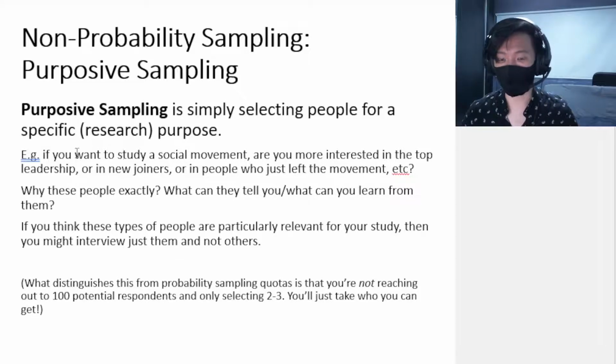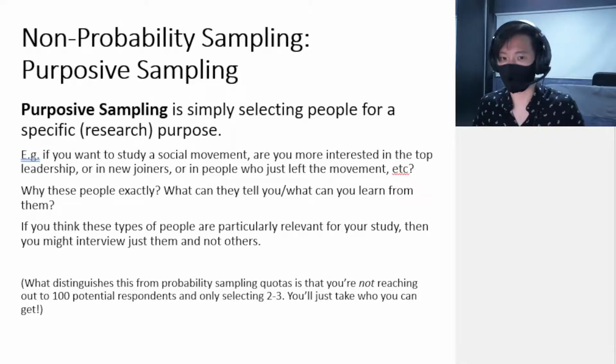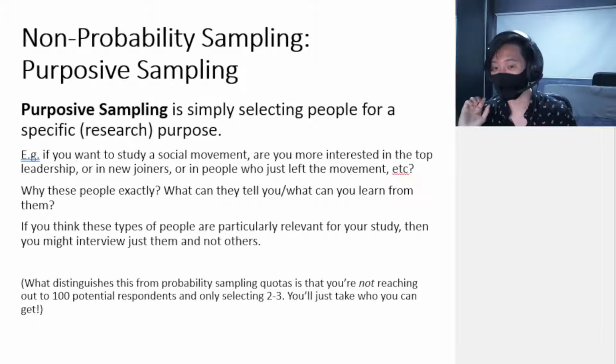If you're not sure that leadership matters, if you're not sure that this stuff matters, you might be much better off doing a probability approach. You go out there and you just hand out surveys to people and ask them for their opinions on social movements, or you ask them for messaging or whatever that you think they might like, right? So that is one of the big differences between probability and non-probability sampling.